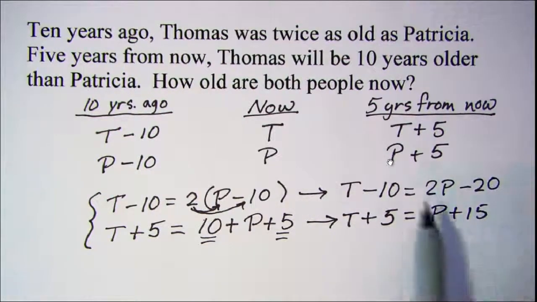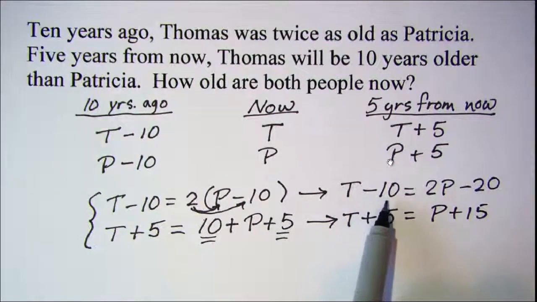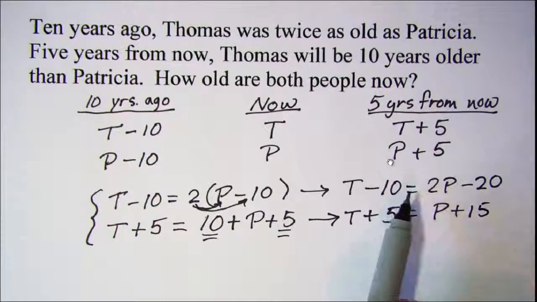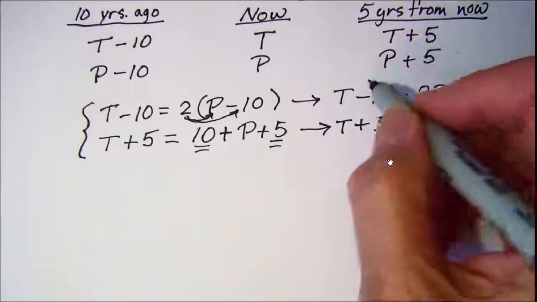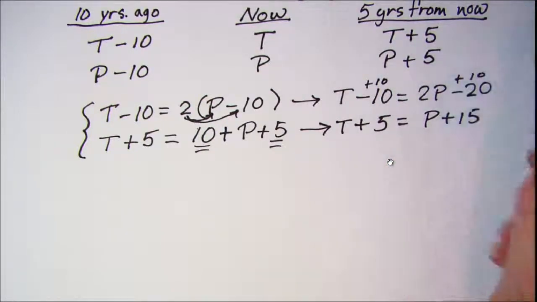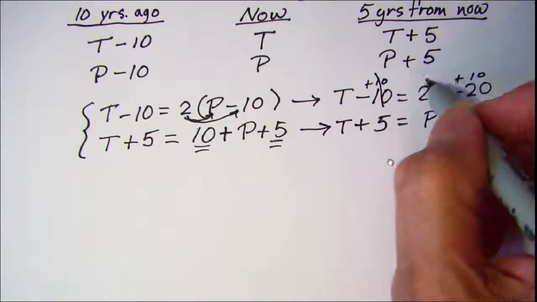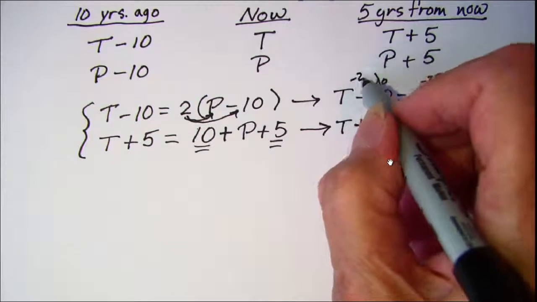I still have some simplifying to do. Let's move the variables to the left side and the constants to the right. So I can add 10 to both sides here. That'll cancel these off. And I'll subtract 2p from both sides here.